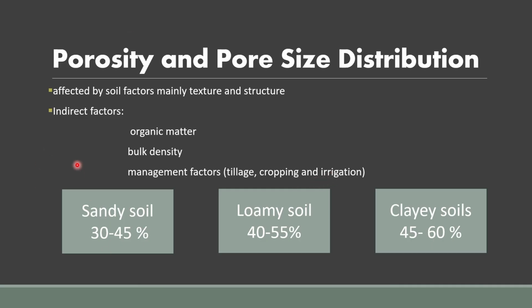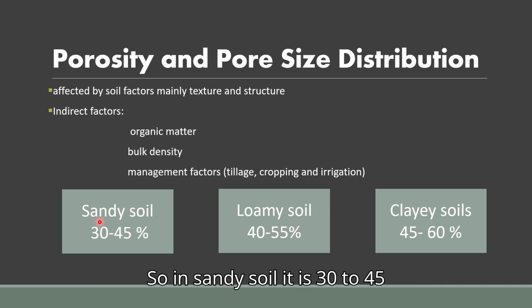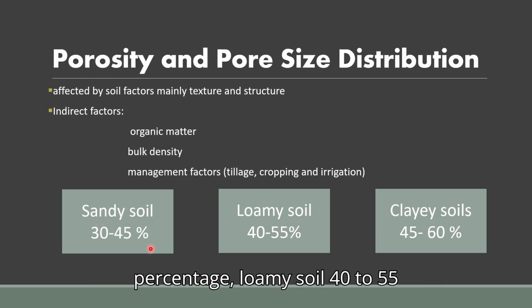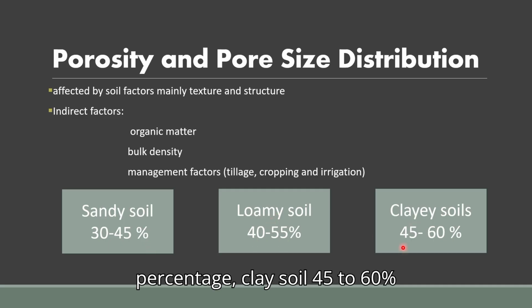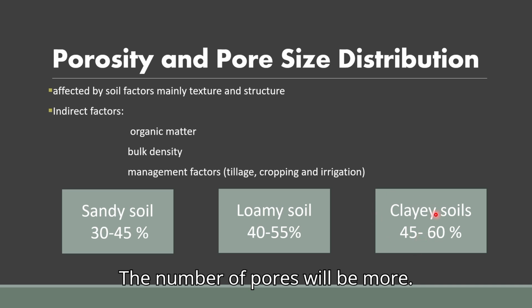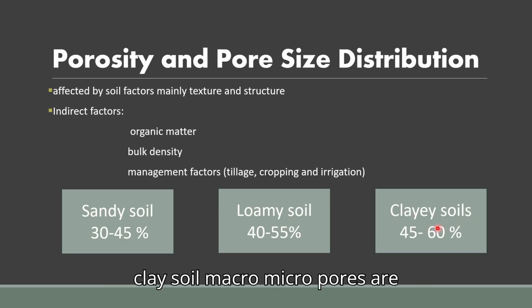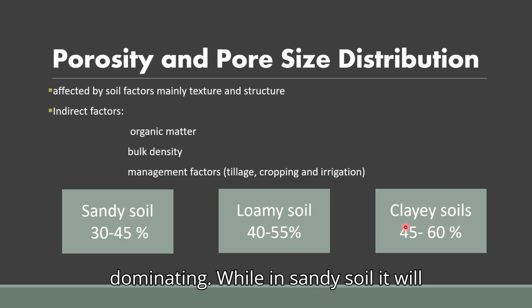So porosity means the amount of pores. In sandy soil it is 30 to 45 percent, loamy soil 40 to 55 percent, clay soil 45 to 60 percent. So the highest porosity is for clay soil. In clay soil, the number of pores will be more, but the size of pores will be less, because in clay soil micropores are dominating.